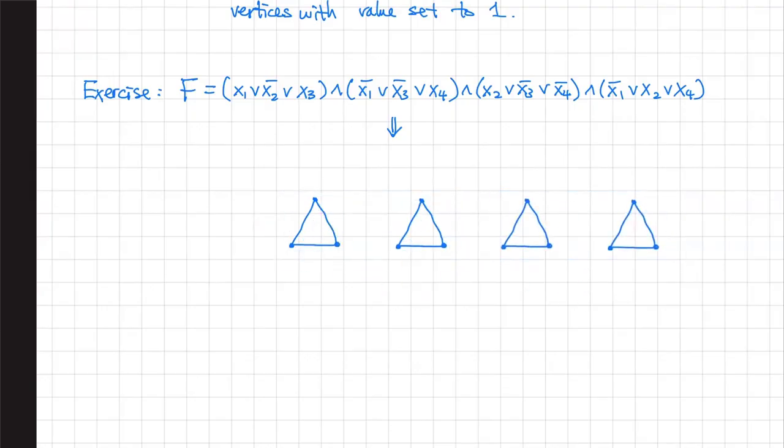Now for each triangle, we're going to label its vertices by those variables. Then what? Connect the negation.